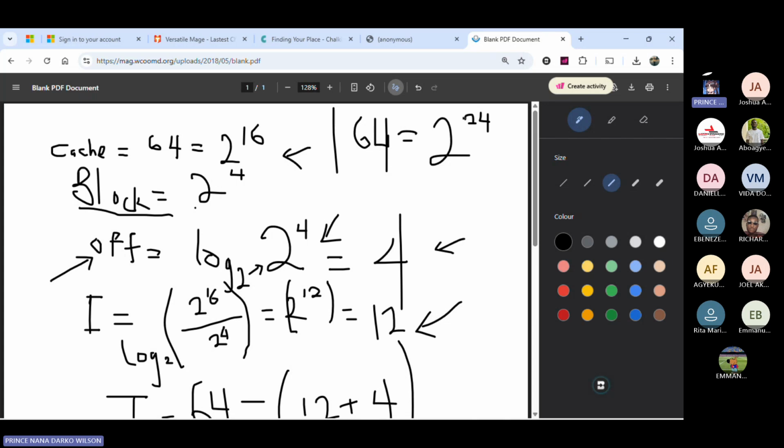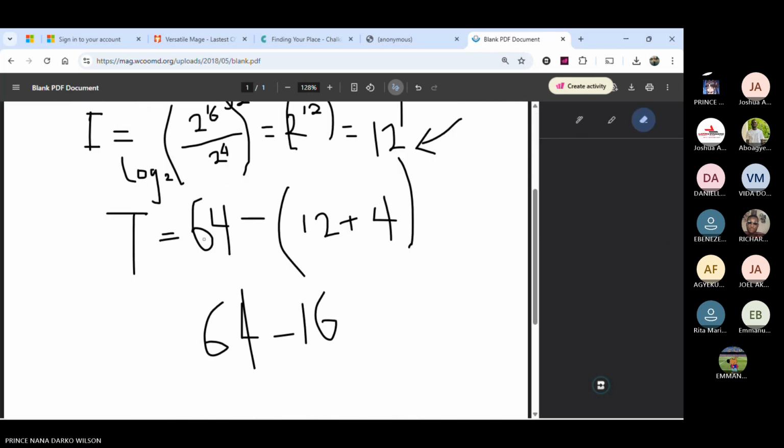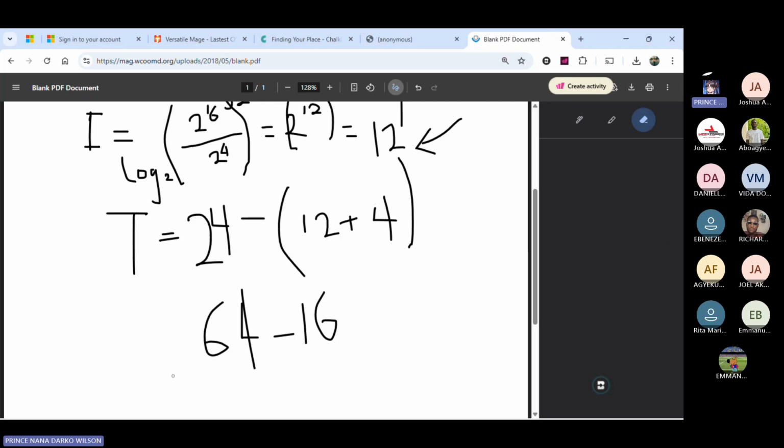Sorry, 2 to the power 24, if we log that, what do we have? It's 24, right? So it's not actually 64, it's 24. So this side should be 24. Good. So we have 24 minus that. What does that give us? 24 minus 16 gives us 8.